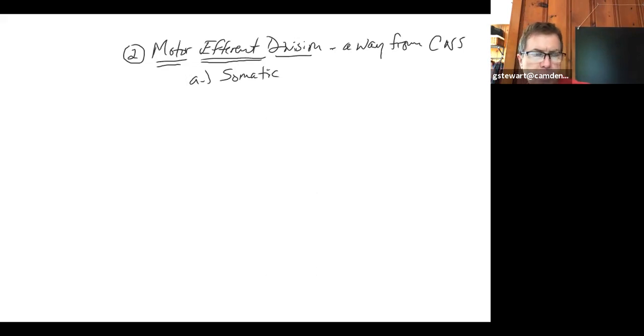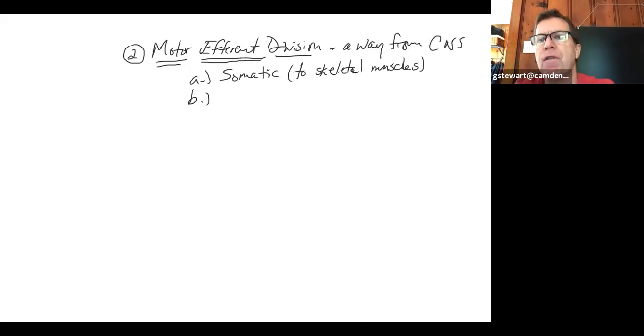Sometimes some books will just simply call it the somatic nervous system. But this somatic part of the efferent division is to voluntary skeletal muscles. Okay? That's important to remember. And then there is something called the autonomic nervous system. I'm sure you've heard of that.